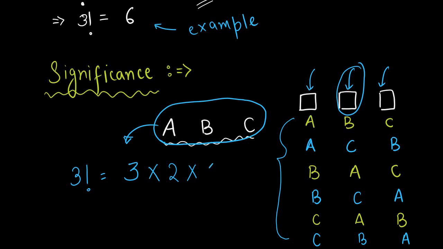There is no other option, because A and B have already been seated. So 6 is the answer. That means our 3 students can be seated in 6 different ways. That's how you use factorials.